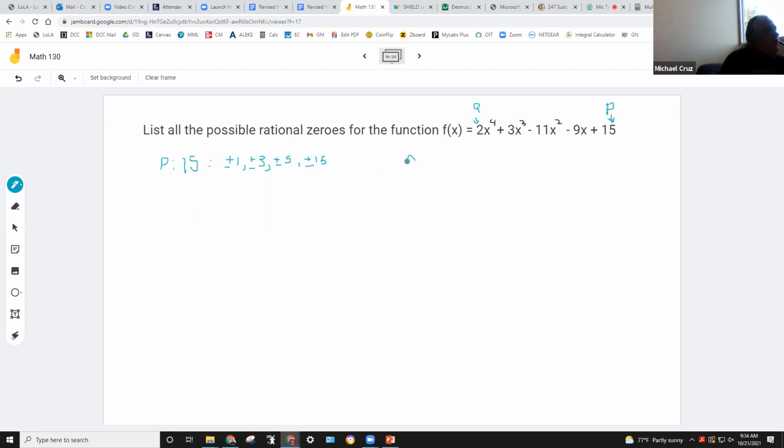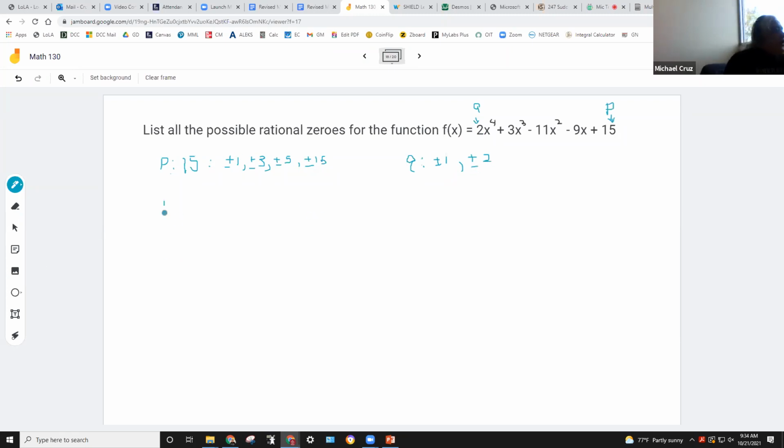And then Q is just 2, so it's 1 plus or minus and then 2 plus or minus.